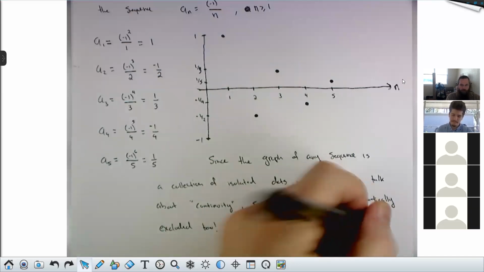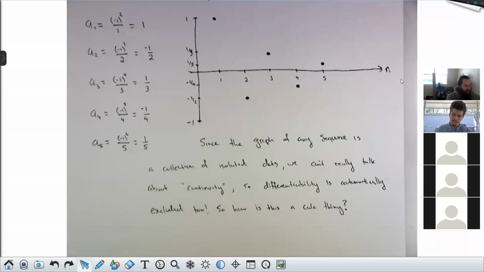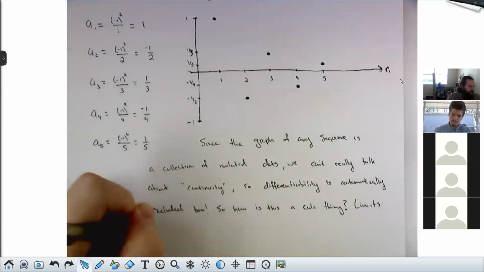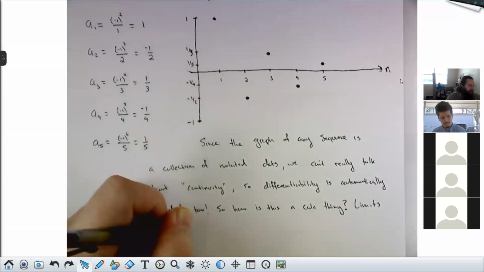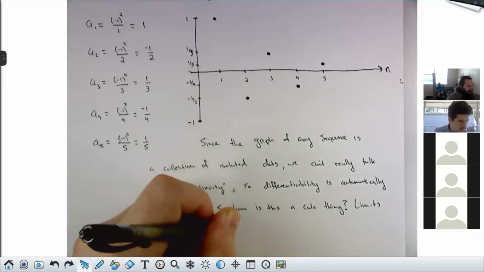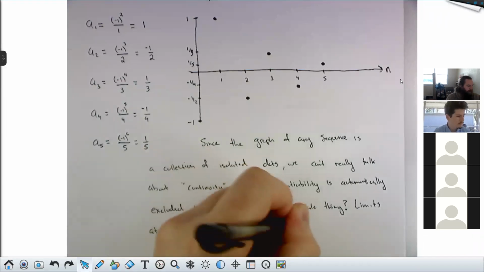Limits. Convergence you could talk about. Yeah, a specific kind of convergence. Limits at any finite n value are also out.